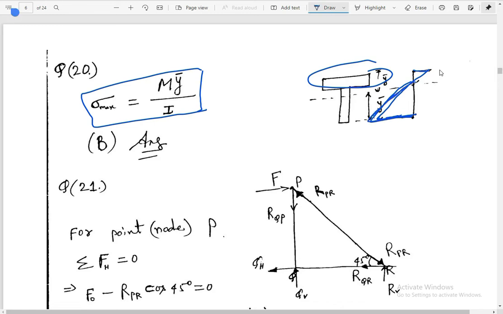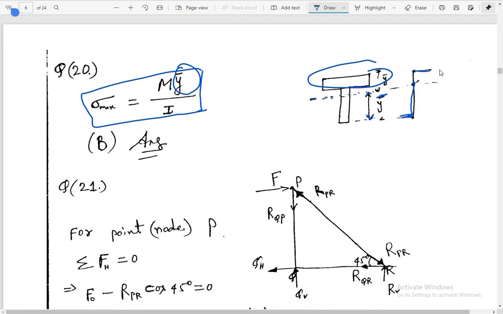The maximum magnitude of this stress occurs on the bottom side, because once we take this y bar, it represents that maximum stress is directly proportional to y bar. So here is the y bar, which is maximum. If you take from here, this is maximum.